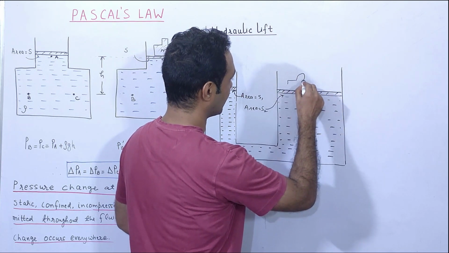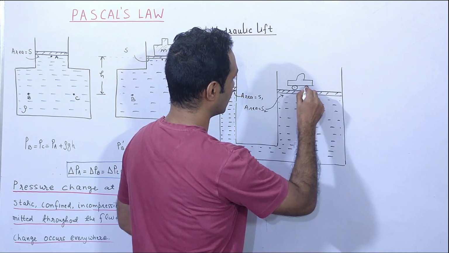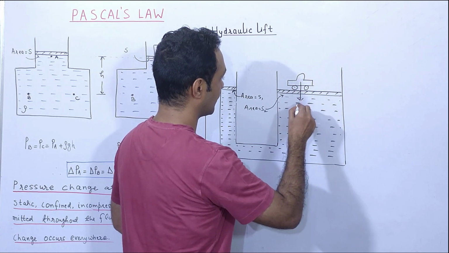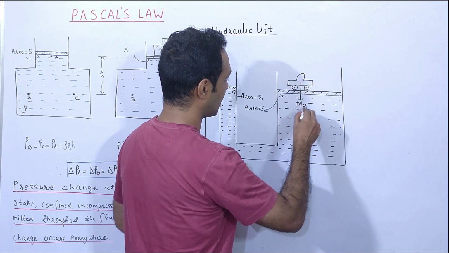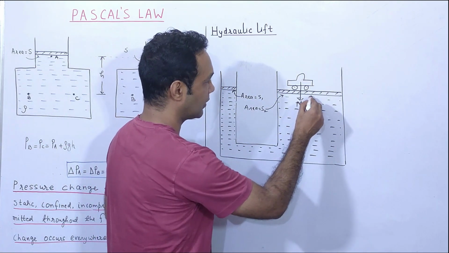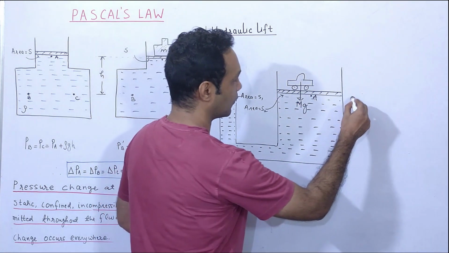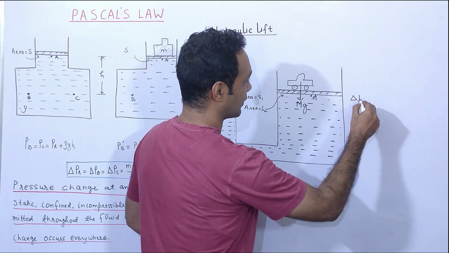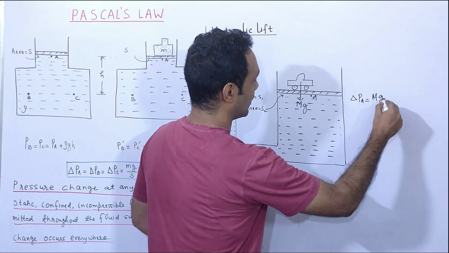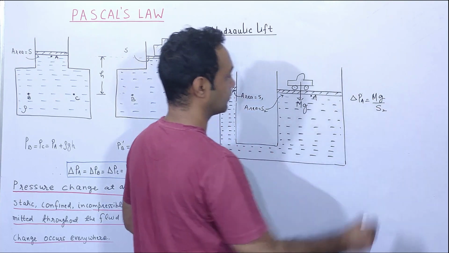The car is a very heavy object and I have just placed it here, and the car has a weight mg. Because of this car being placed here, the pressure at this point, let me call it point A, will increase by the amount mg by S2, the area here being S2.